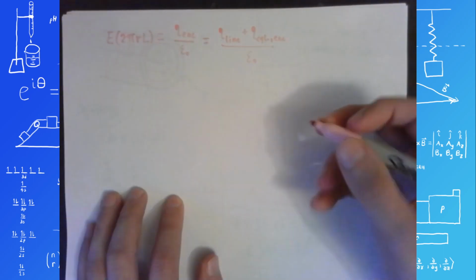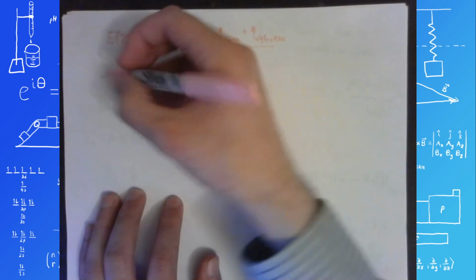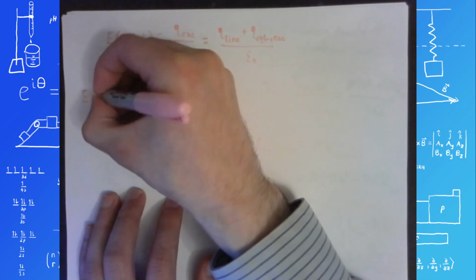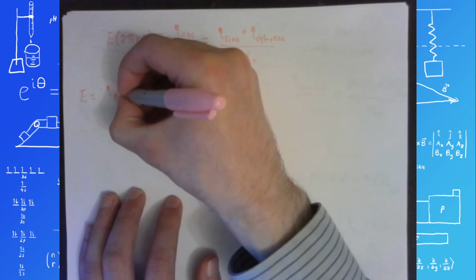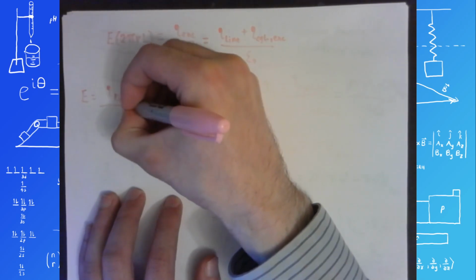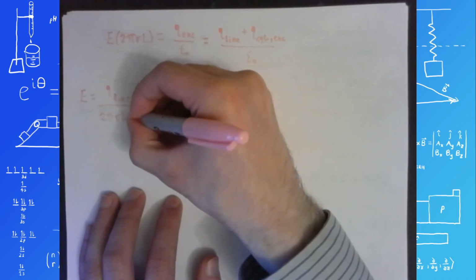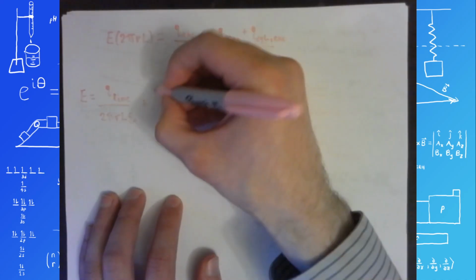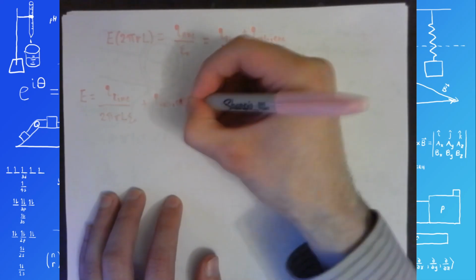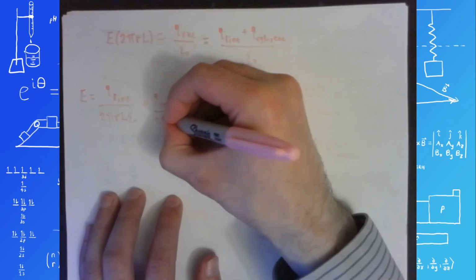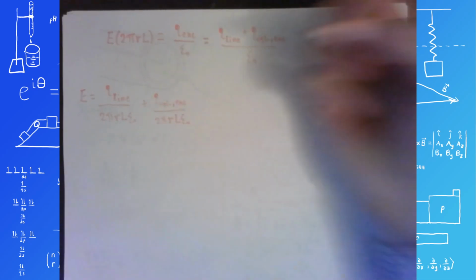Divide by 2 pi rl on both sides, and then we can separate these terms from each other. So E equals Q line over 2 pi r l epsilon naught plus Q cylinder enclosed portion over 2 pi r l epsilon naught.